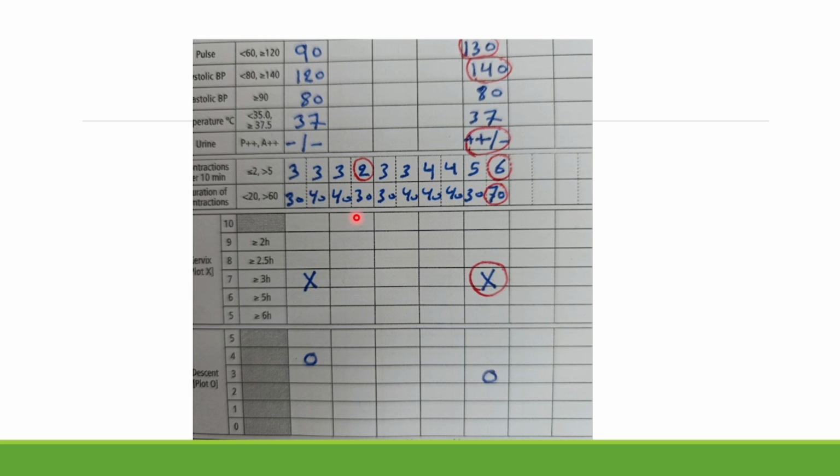What about the intensity of contraction? 30, 40, 40, okay. 70 is, again, a hypertonic contraction, so encircle with red.